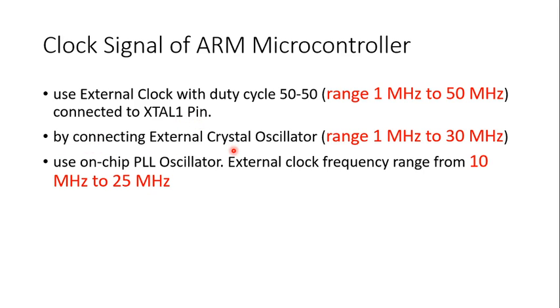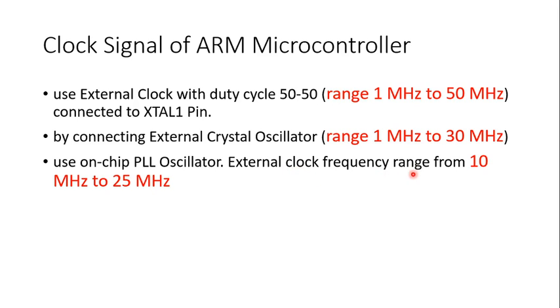Second, by connecting an external crystal oscillator, that is, crystals are connected there and the internal oscillator is used. Here the frequency is 1 megahertz to 30 megahertz, but you are not using the PLL here. And the third one is you can use the on-chip PLL oscillator.